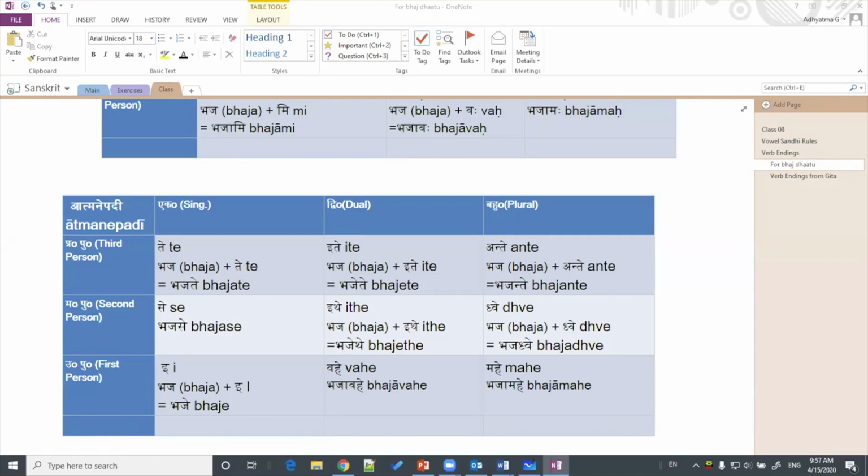Another question is, can you please clarify where sandhi applies and where there is a rule for ending? I'm not sure. I already explained where the sandhi applies here. Bhaja, ite, bhajete, akara, ikara. And here sandhi applies, but there is an exception to that sandhi where previous akara plus akara actually remain akara.